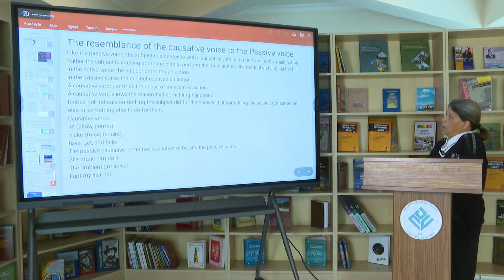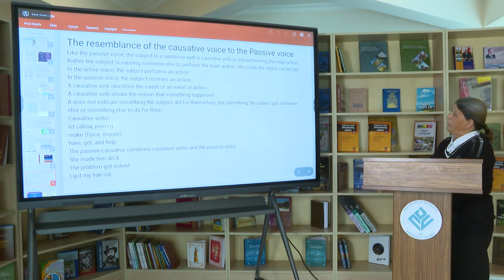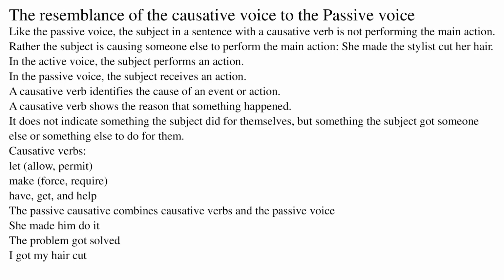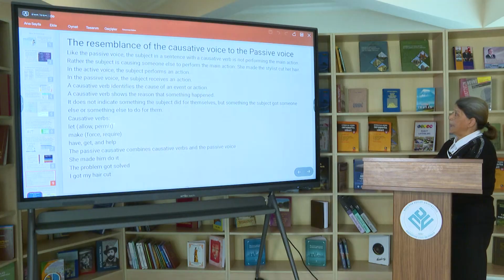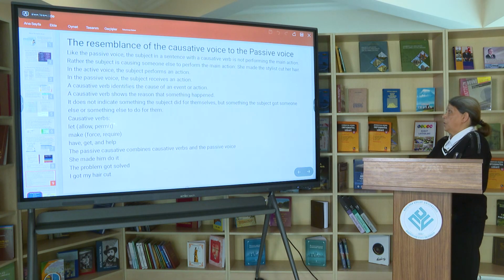For example, she made the stylist cut her hair. Here we say she, then verb made, then object, then infinitive, then object. She made the stylist cut her hair. It means that she hasn't cut her hair by herself.